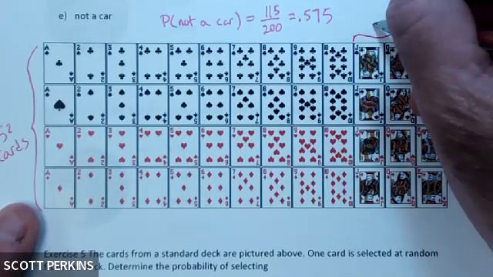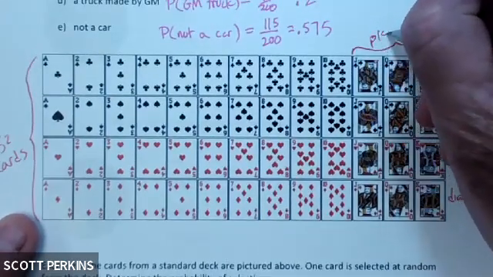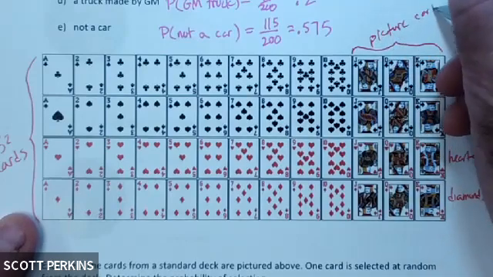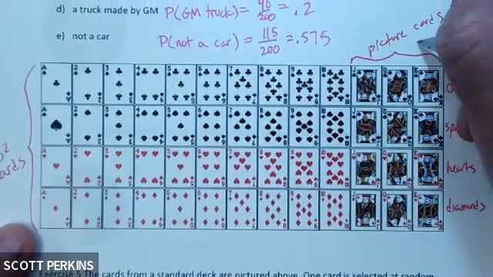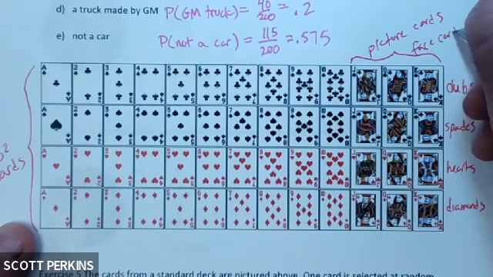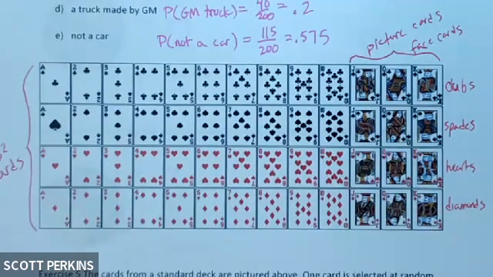Some books or some people will call these the picture cards. I think that's what our book uses. Some people call them the face cards because they all seem to have faces. Okay, so that's all I need you to know about a deck of cards. But again, if you don't know that, I will give you this same chart on the test. So don't stress about that.